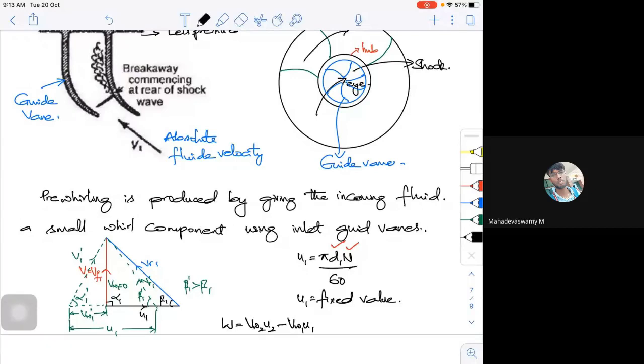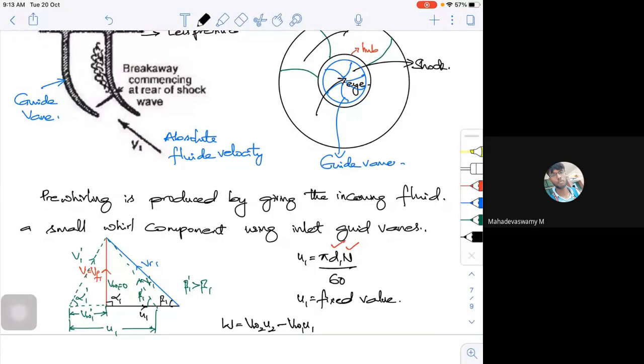VW1 is a small pre-whirl component which is introduced using an inlet guide vane. I'm going to give a small twist, a small whirl, to the fluid that is entering. We call it air pre-whirling in the direction of the impeller rotation.